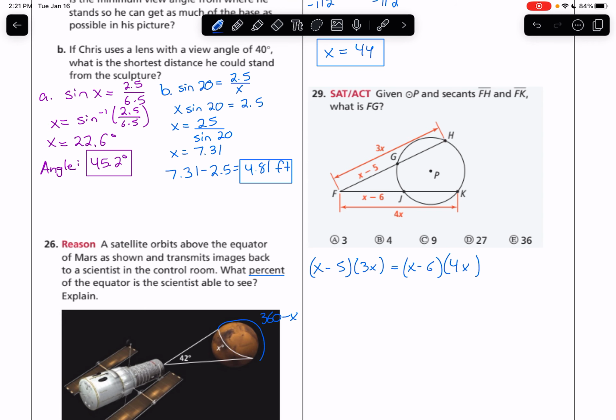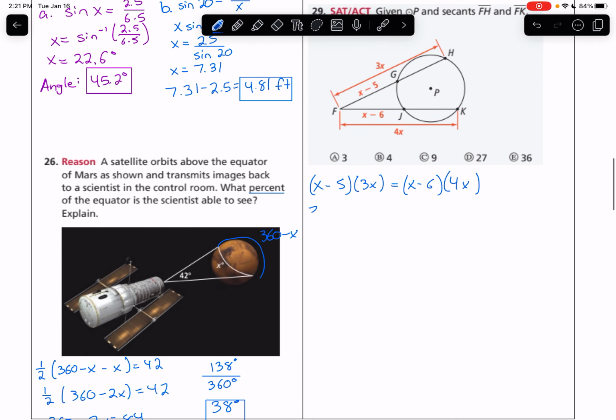Multiply all that. We end up with 3x squared minus 15x equals 4x squared minus 24x. Then we can subtract 3x squared from each side. We get negative 15x equals x squared minus 24x.